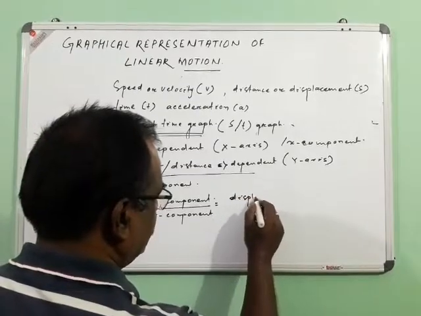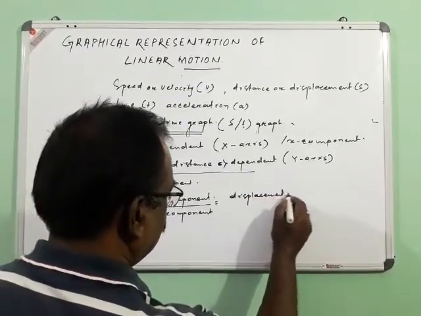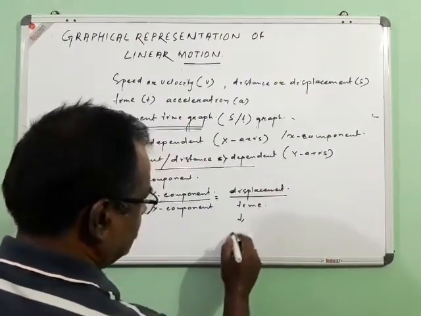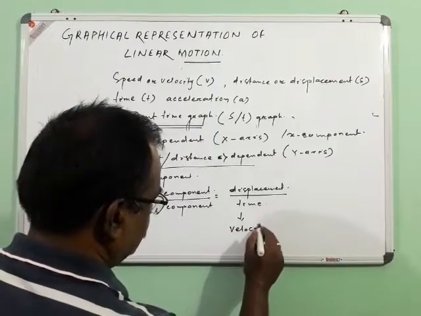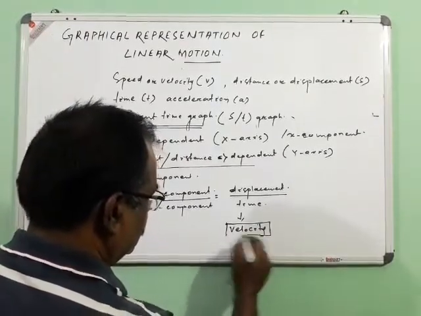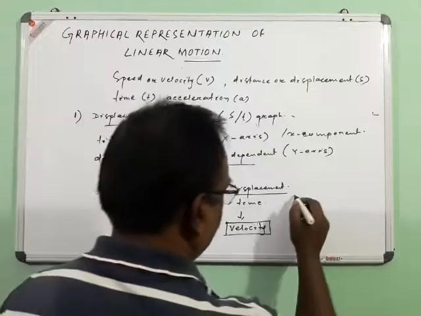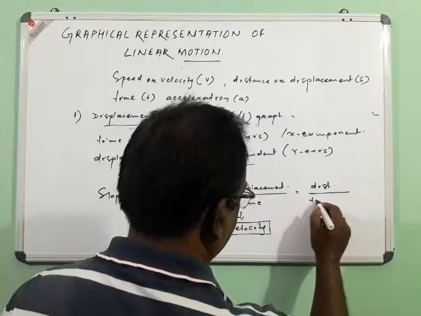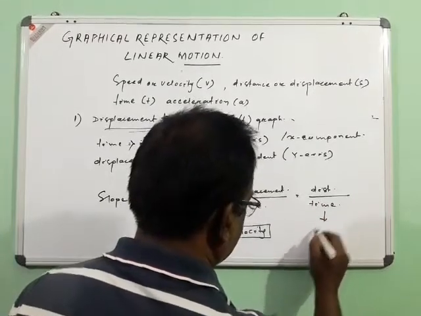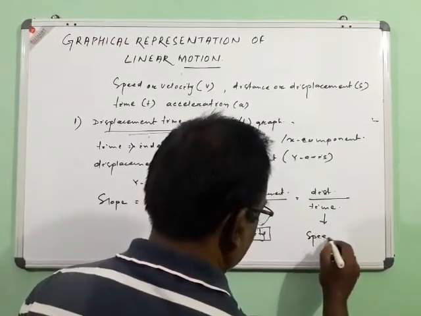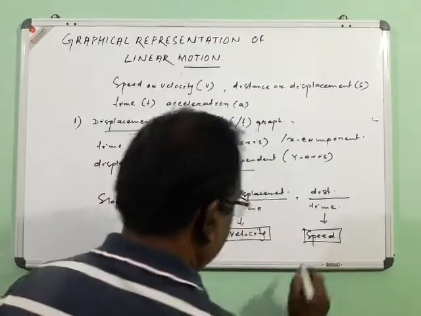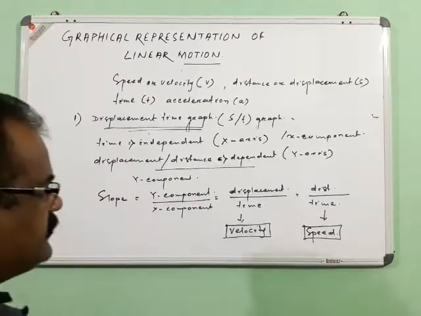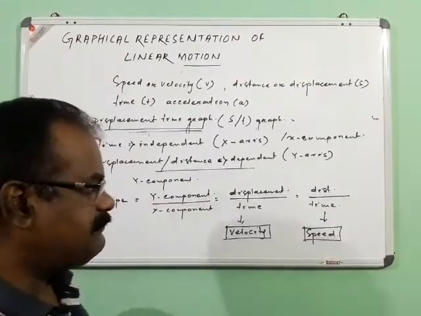So this is displacement with respect to time. Therefore we can say that this represents the velocity. Or if it is distance with respect to time, in other words that is the speed. So remember that the slope of the displacement time graph indicates the velocity or the speed.